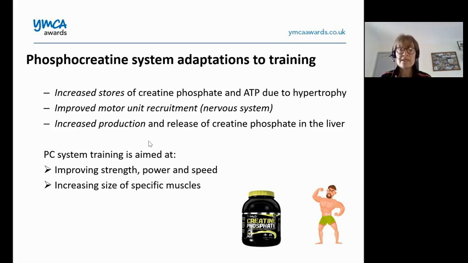The more you practice these training methods, you're going to get improved motor unit recruitment, and we know that's going to result in improved power. You're going to get increased production and release of creatine phosphate from the liver. So again, that's going to improve your creatine phosphate system. And overall, the system training is aimed at improving strength, power and speed, and you're looking at hypertrophy, increasing the size of specific muscles.